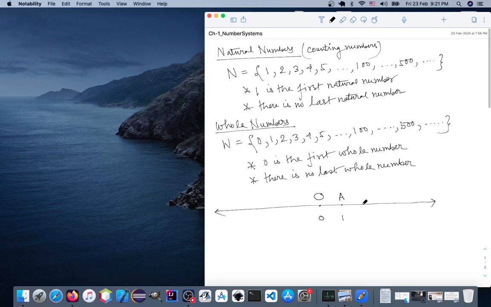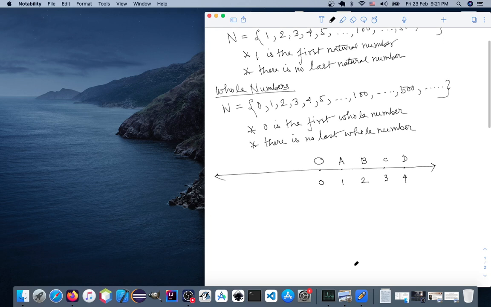Similarly, from A to B, the distance is 1 unit, and the point B denotes the natural number 2. Similarly, we have 3, and so on. So this is how we represent the whole numbers, that is the 0, which is at the origin, and the natural numbers on the number line.